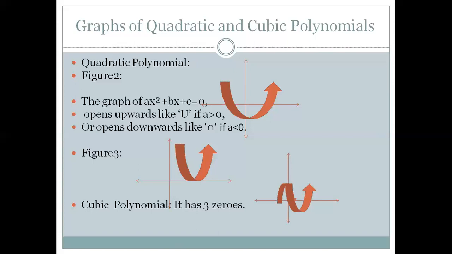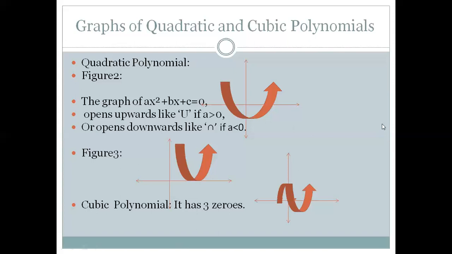It has three zeros. You know that the degree of the cubic polynomial is 3. That is why it will have three zeros. If you observe the graph here, it is just zigzag. The shape of the graph is what? Zigzag. And if you observe the curve, it is intersecting the x-axis at three different points.